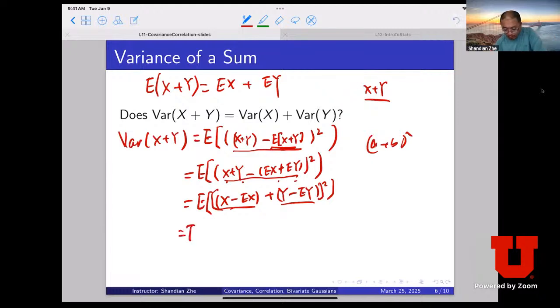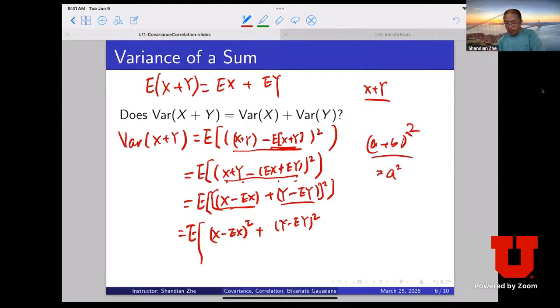What can we observe? So x minus ex, you're going to take square, and the y minus ey, you're going to take a square. And then what else do we have? Consider you're expanding a plus b square.